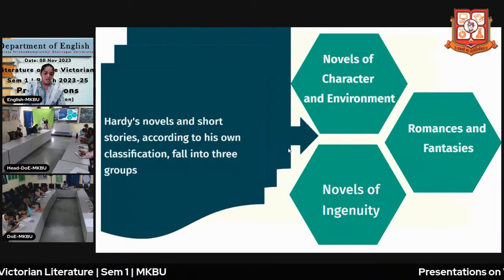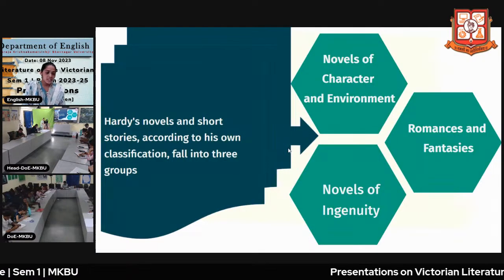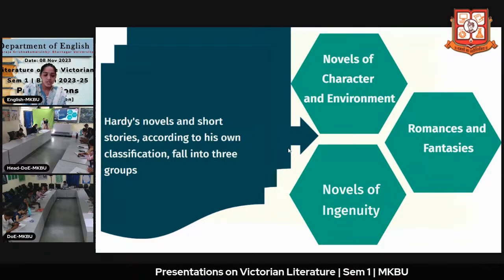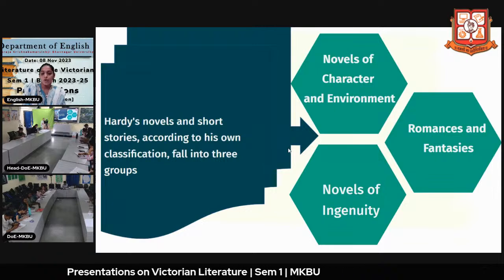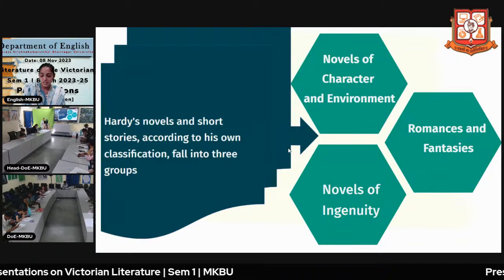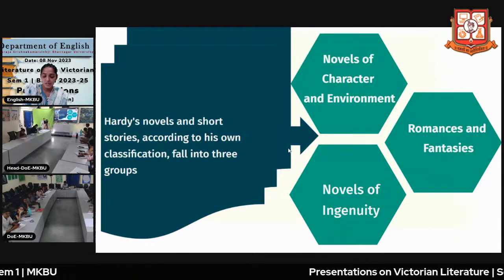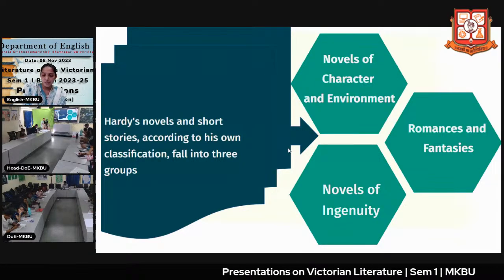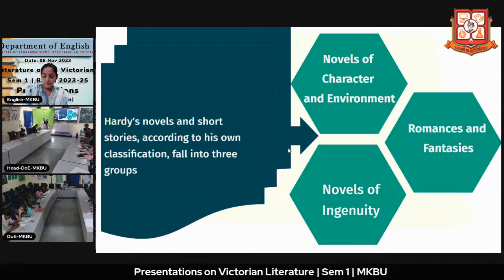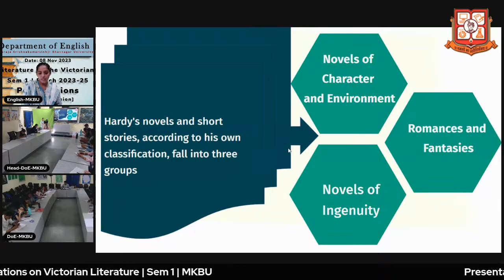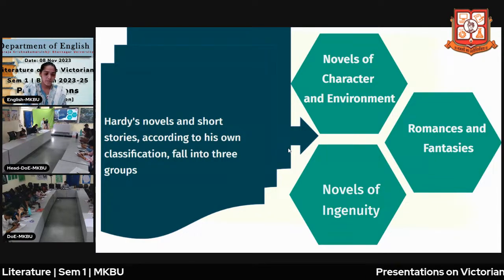Hardy's novels and short stories, according to his own classification, fall into three groups. First, novels of character and environment. We can add in this some major novels like Far from the Madding Crowd and The Mayor of Casterbridge. Second, romances and fantasies, and third, novels of ingenuity.